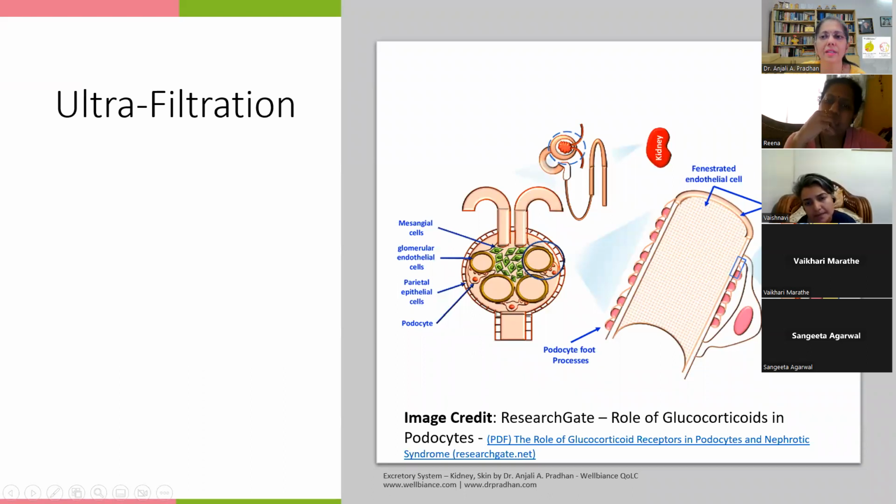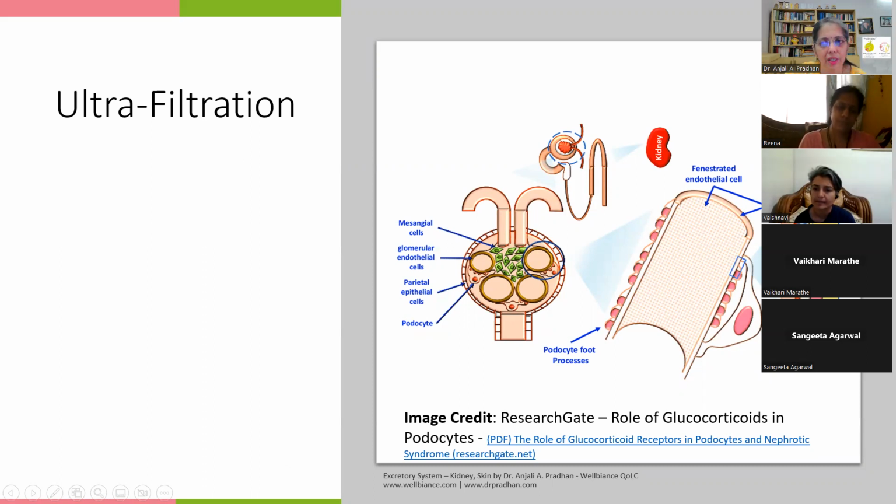See, in this picture, these are endothelial cells. There are gaps in between. This is the basement membrane, and these are the pedicles of the podocyte.